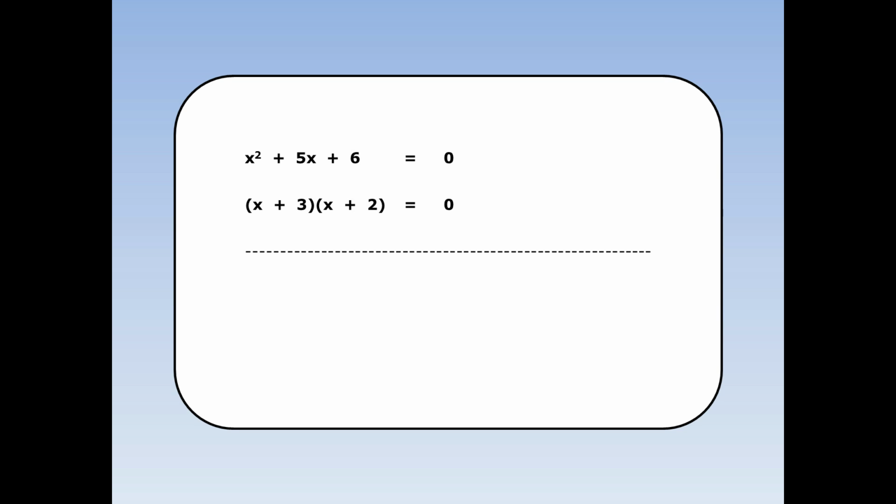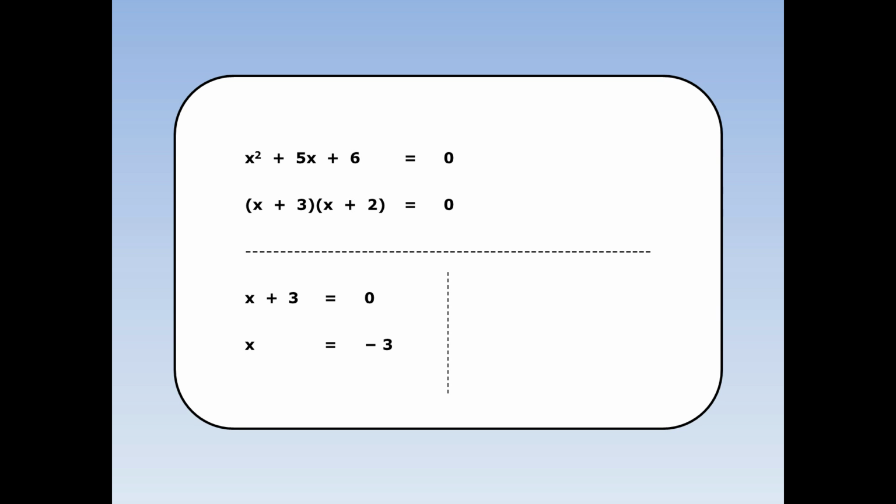Now I've put them into brackets, I can say to myself, if something times something else equals 0, either the first bracket's 0 or the second bracket's 0. So let's look at the first bracket first of all. If the first bracket's 0, x plus 3 equals 0. Take away 3 from both sides, and I end up with x equals minus 3.